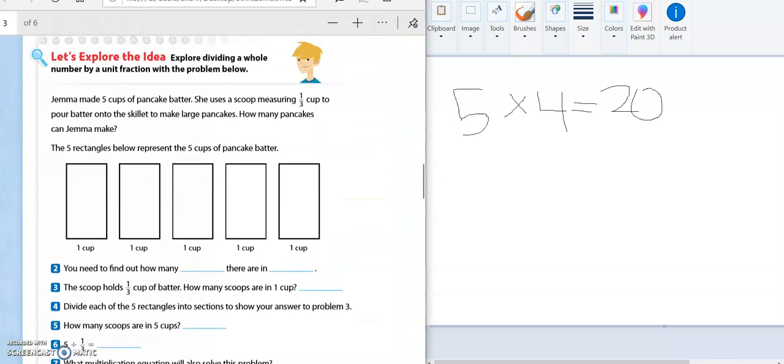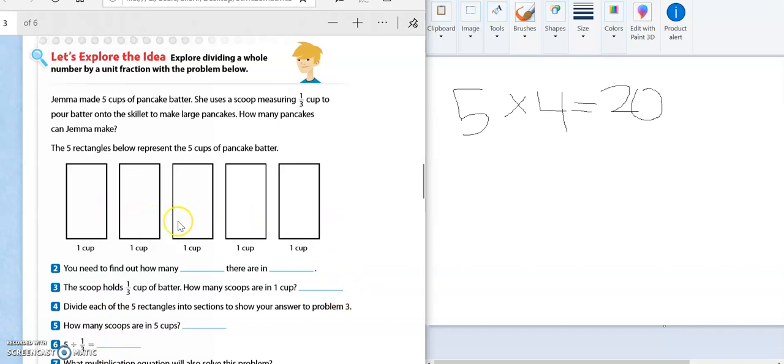All right, so now we're moving on to page 154. It says, explore dividing a whole number by a unit fraction with the problem below. Gemma made 5 cups of pancake batter. She uses a scoop measuring 1/3 cup to pour the batter into the skillet to make large pancakes. How many pancakes can Gemma make? The 5 rectangles below represent the 5 cups of pancake batter.